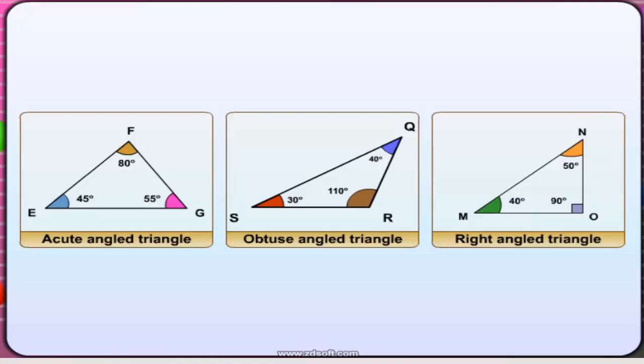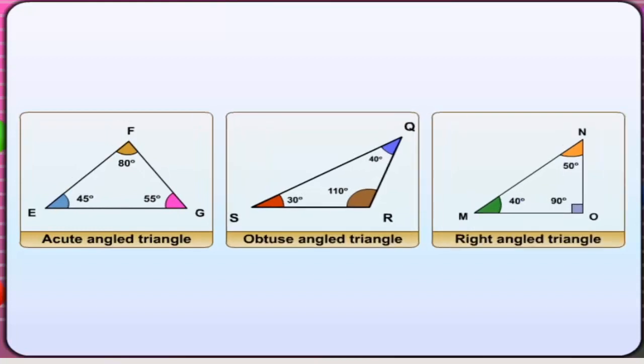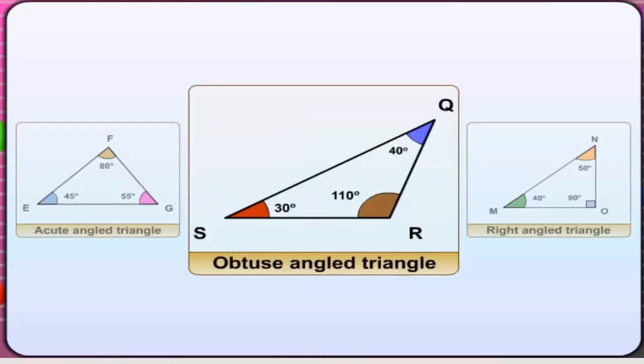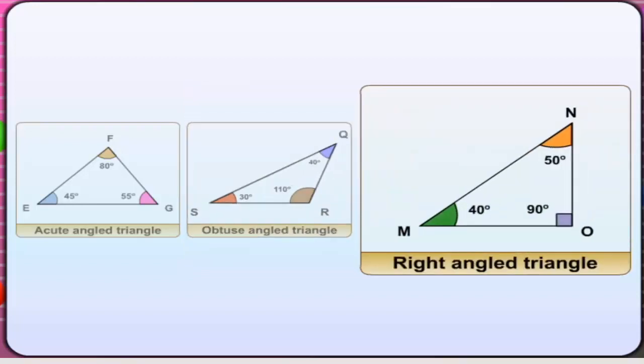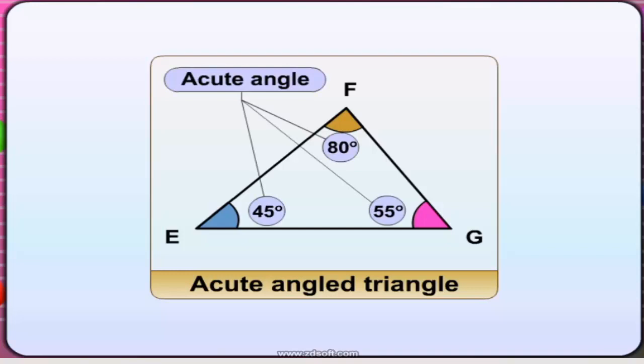So, according to the angles, the triangles can be classified into three types: acute angled triangle, obtuse angled triangle, and right angled triangle. If all the angles of a triangle are acute angles, the triangle is known as an acute angled triangle.